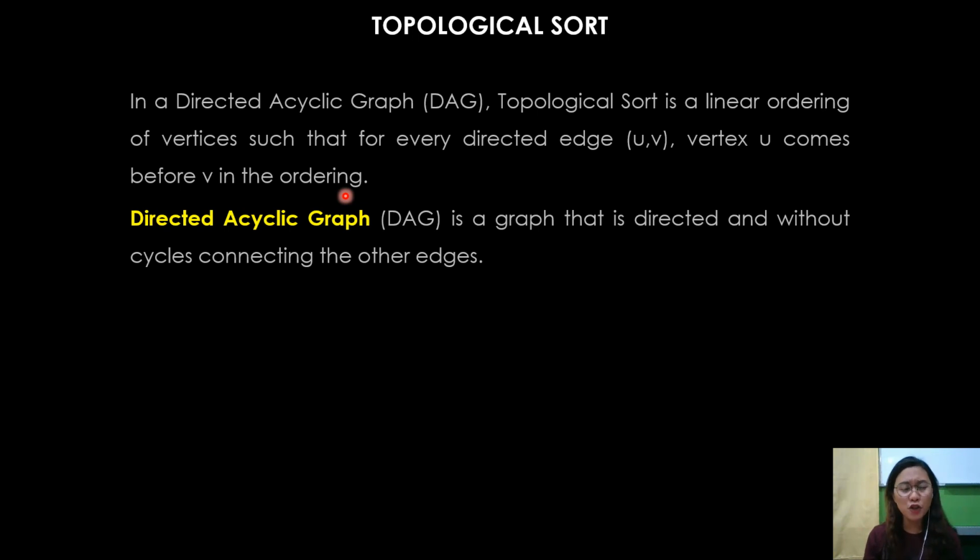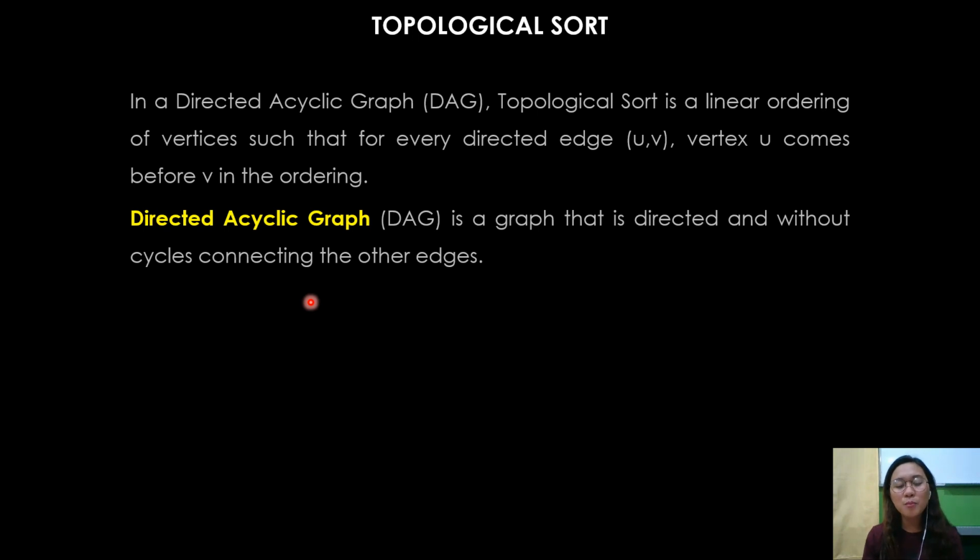Let's first define what a directed acyclic graph is. A directed acyclic graph, or DAG, is a graph that is directed and without cycles connecting the other edges. This means that it's impossible to traverse the entire graph starting at one edge. The edges of the directed graph only go one way.